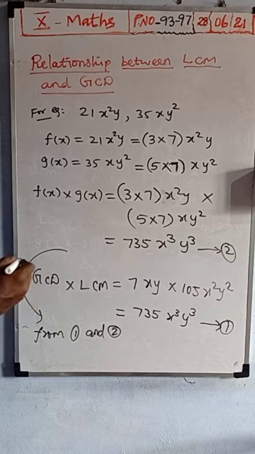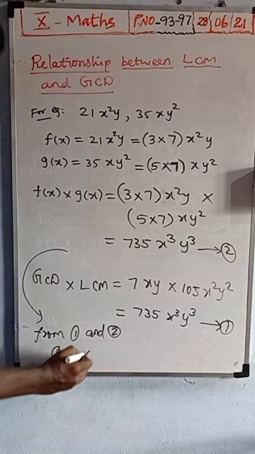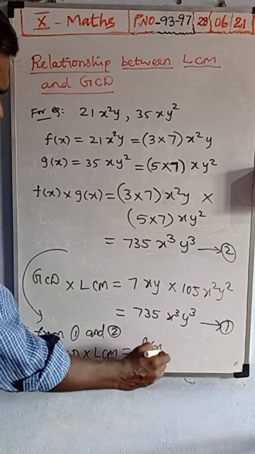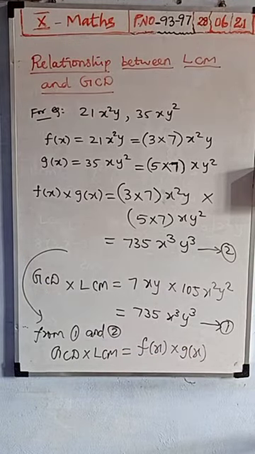These two algebraic expressions, or else GCD into LCM, is equal to the given two expressions multiplied, means we will get. So the product of two algebraic expressions is equal to the product of LCM into GCD. This is the relationship between LCM and GCD.